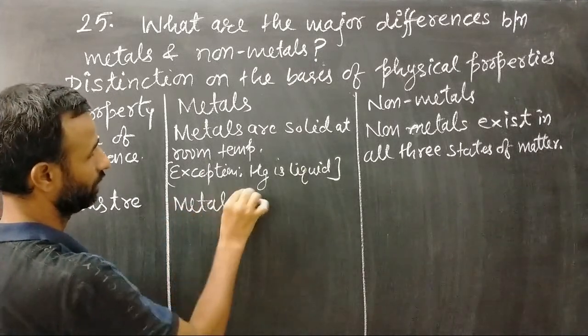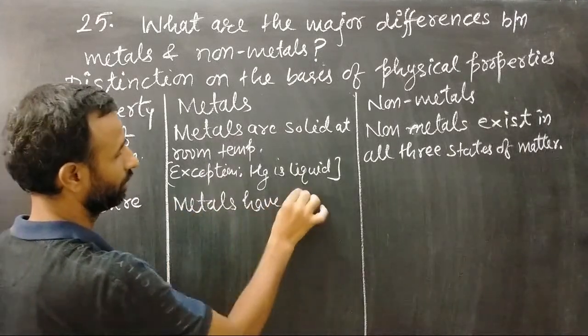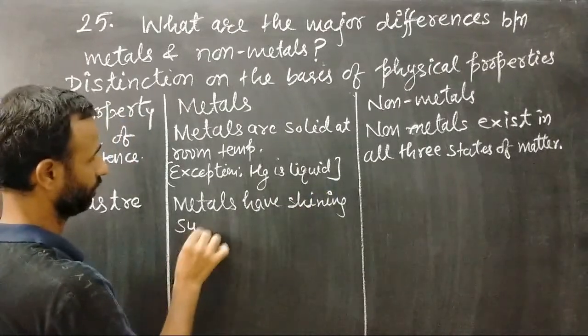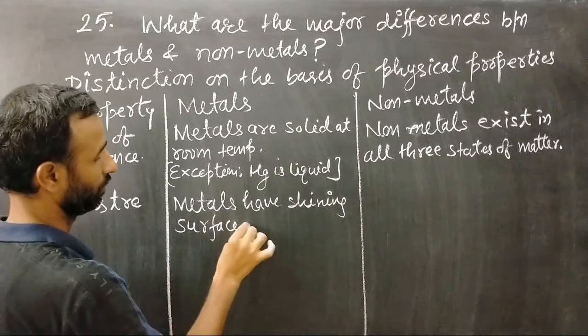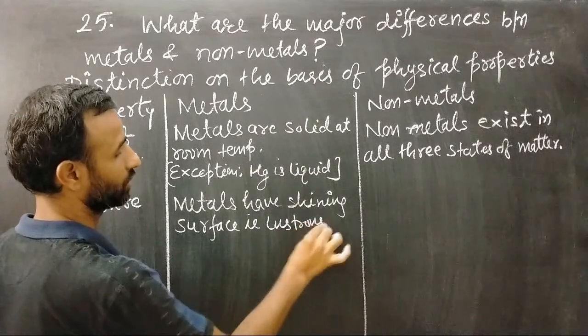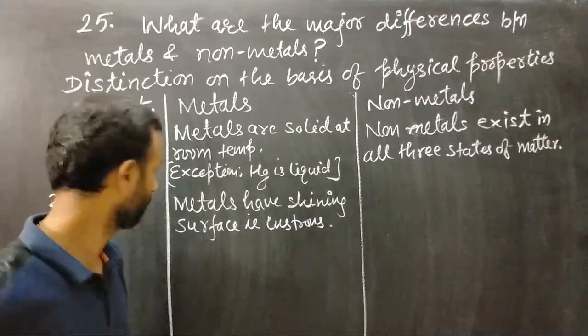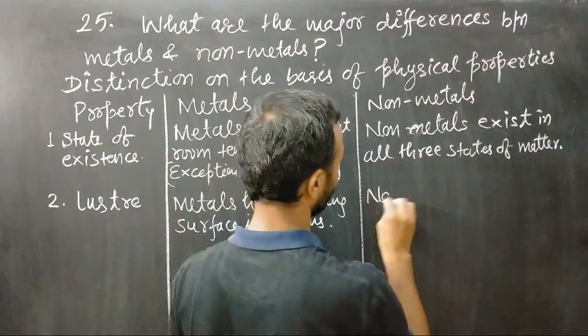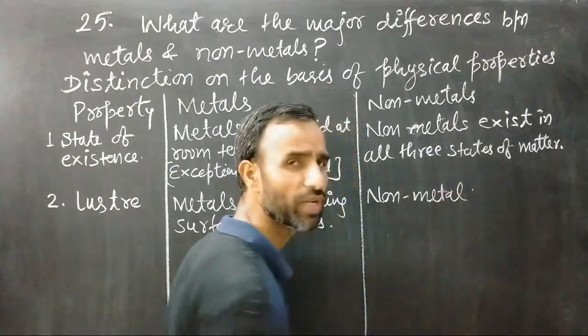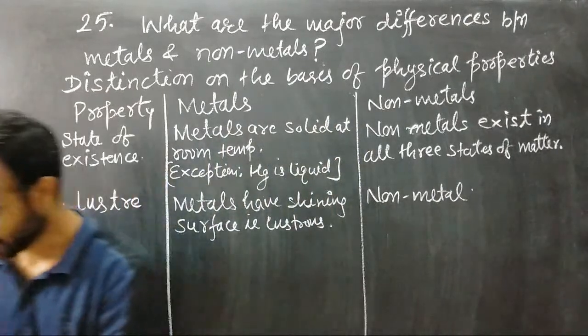Metals have a shining surface, that is, they are lustrous. But non-metals have a dull surface, or we can say they are non-lustrous.